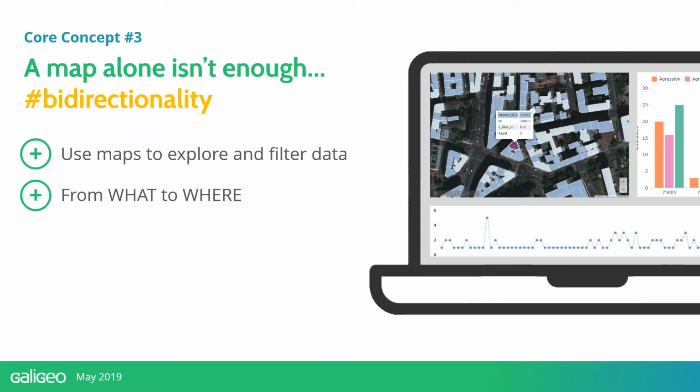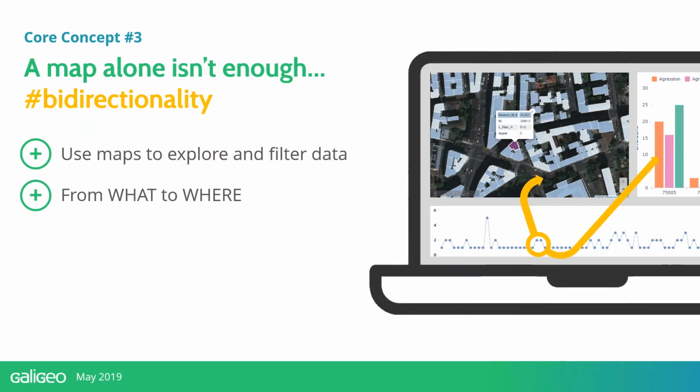And of course, being able to link them all together, so when you make an action on one, it's reflected on the other components, is really important. For example, being able to select something from the map and cascade it to the other filters is really good. But selecting something from a chart and cascading to the map and other components is good as well. So this is why we wrote bidirectionality.